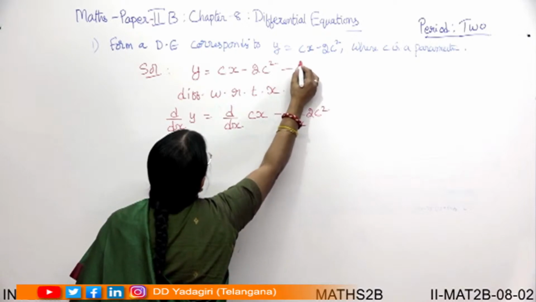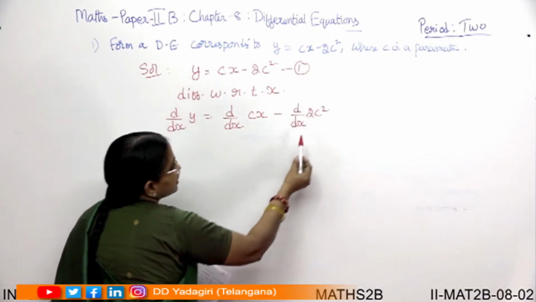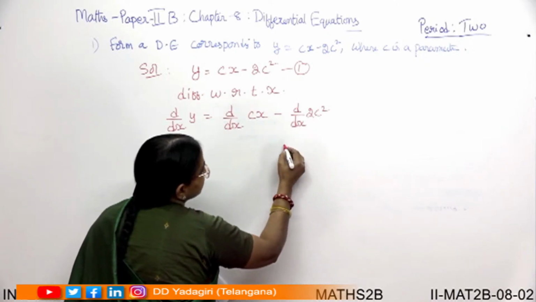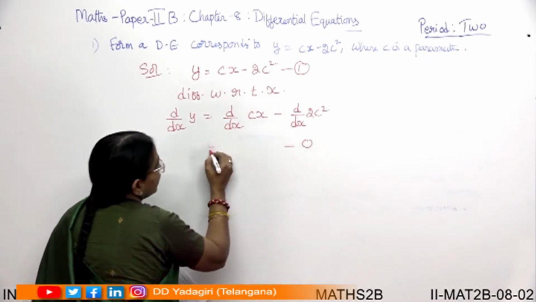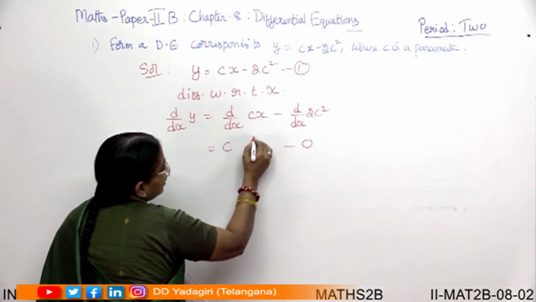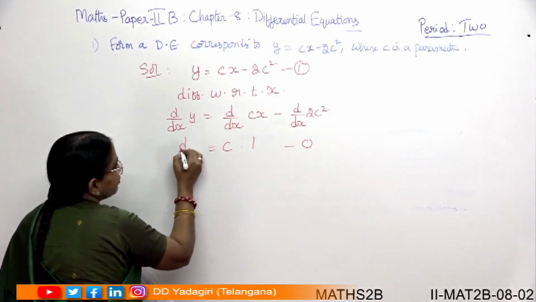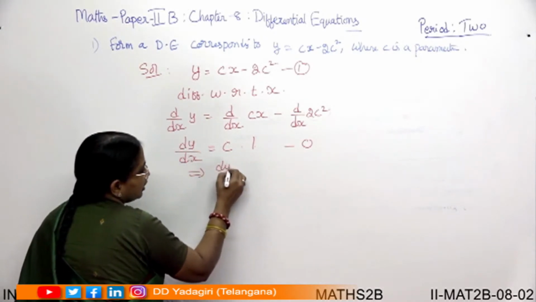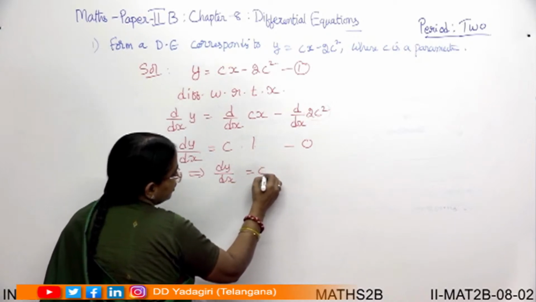This is equation 1. 2c square, c is a constant, so this whole thing is a constant. Derivative of a constant is 0. c is a constant and the derivative of x is 1. So dy by dx is equal to c. This is equation 2.